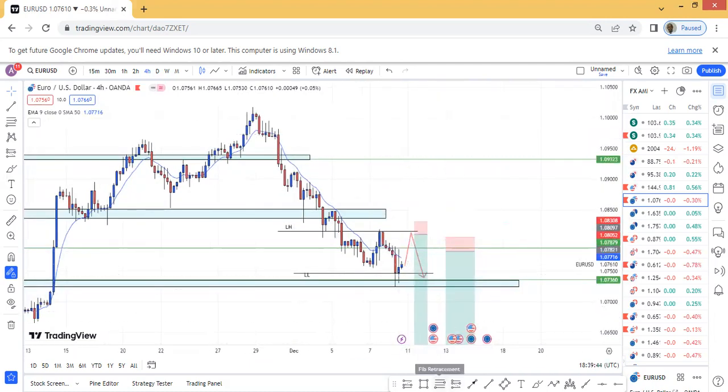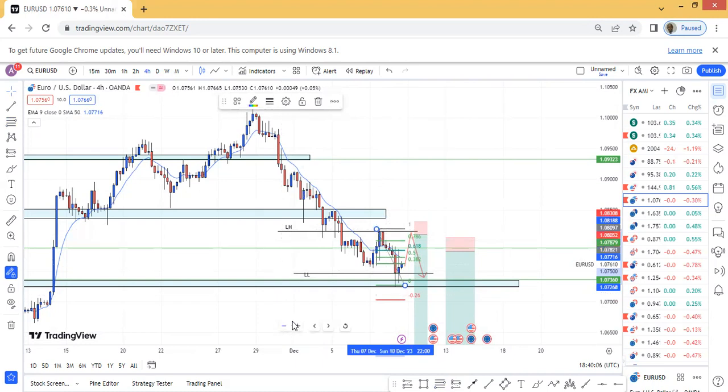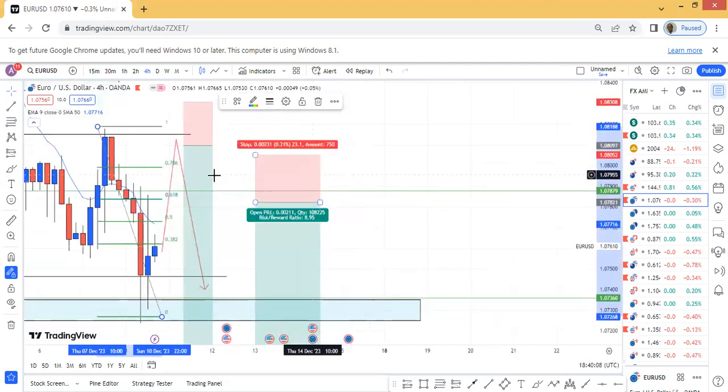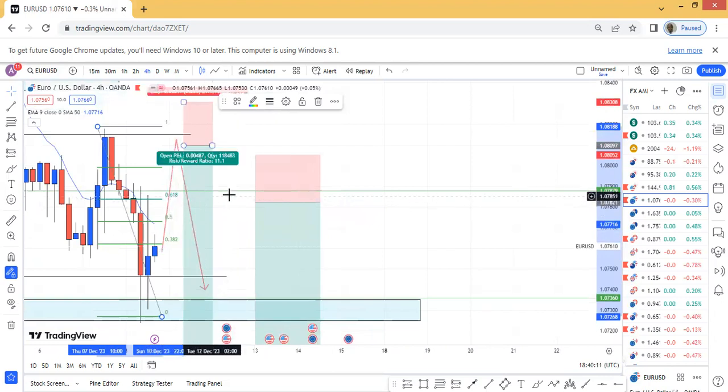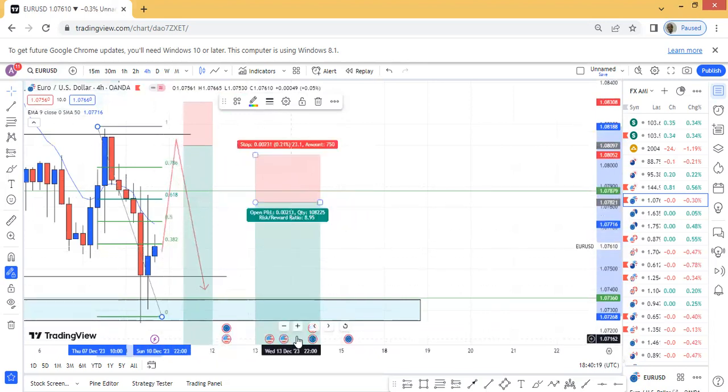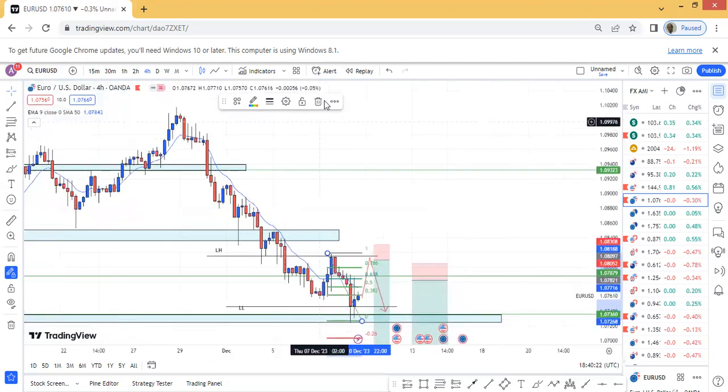If you take your Fib and you move it from swing high to swing low, you realize that this region is the 61.8 region. So I'm anticipating that price will probably pull back and then continue with the downtrend. Yeah, that is what I'm looking at.